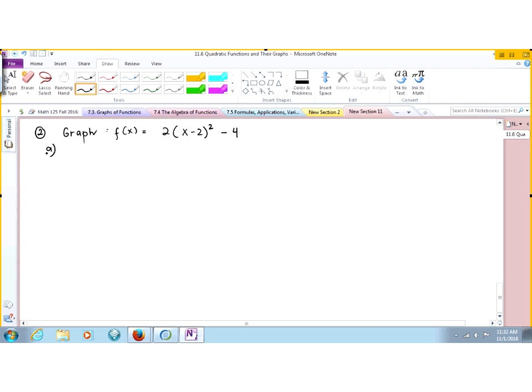And I will follow the A through F. Now, the first question is, does the parabola open up or down? Yes. Why do you say that the parabola opens up? A is 2, which is greater than 0. Good. Where is my A? This is my A.